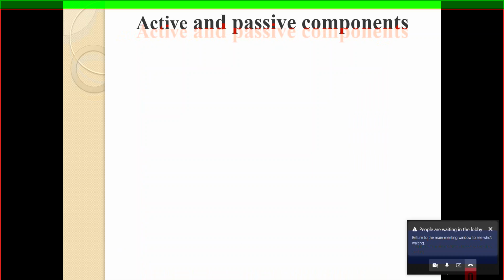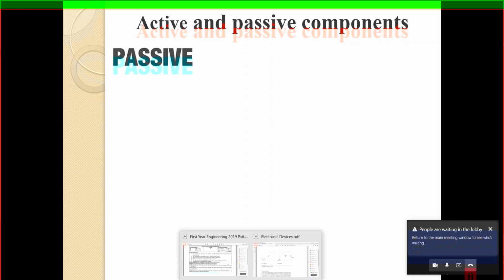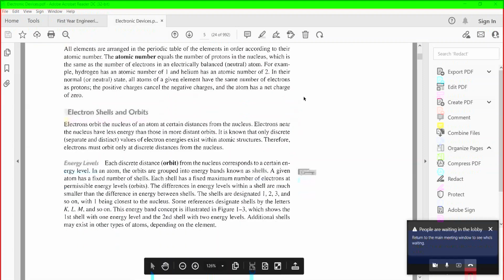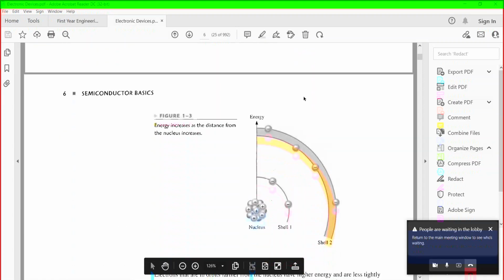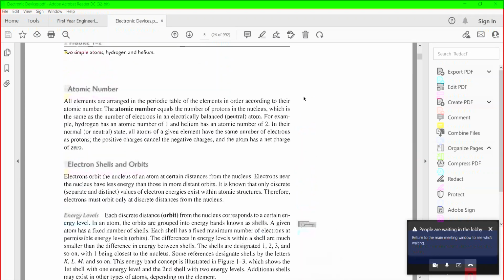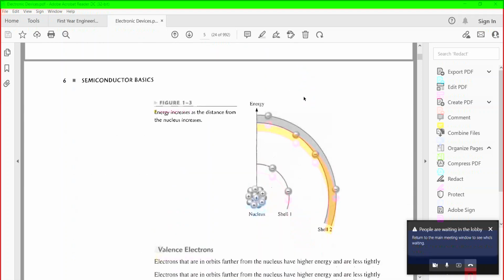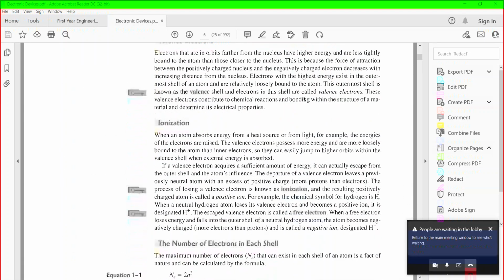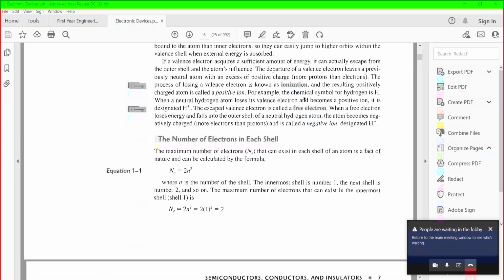Okay, in the next lecture we will start active and passive components with chapter 1 semiconductors, and this part covers the semiconductor atom, electron shells, orbits, valence, ionization and the numbers.